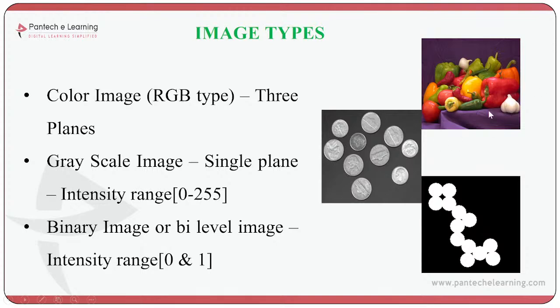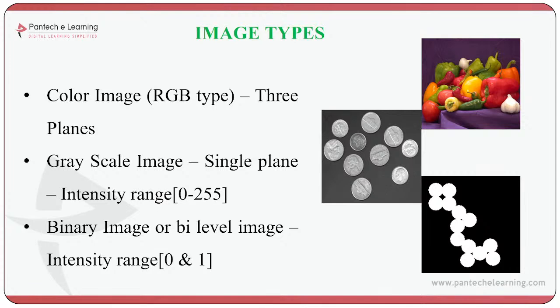And its range of RGB is 0 to 255. So each single red color, single green color, and single blue color will contain separate ranges.